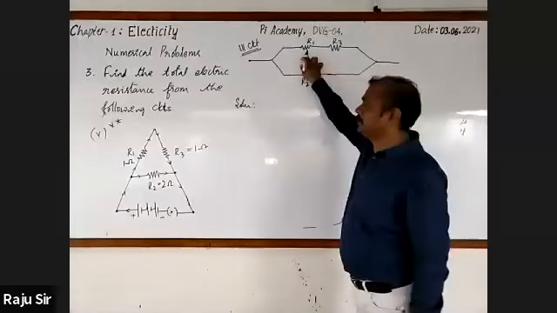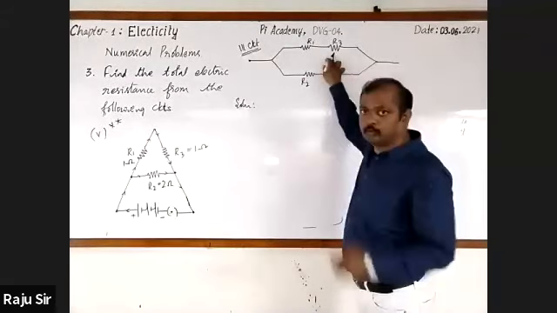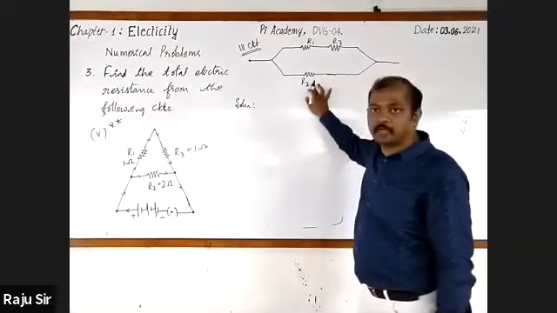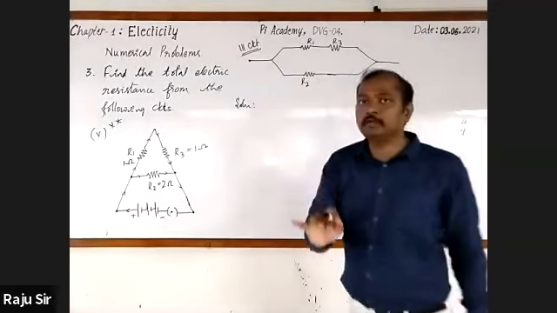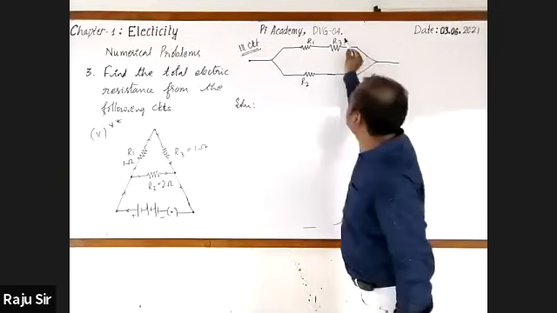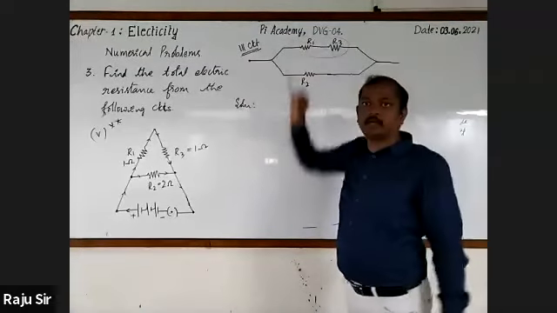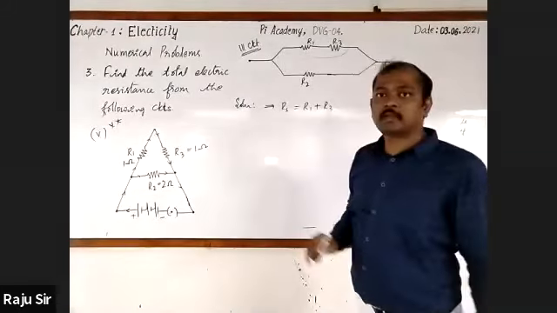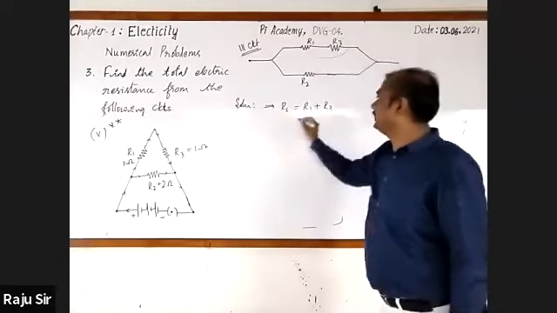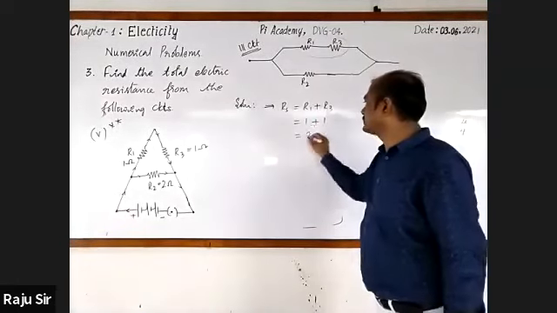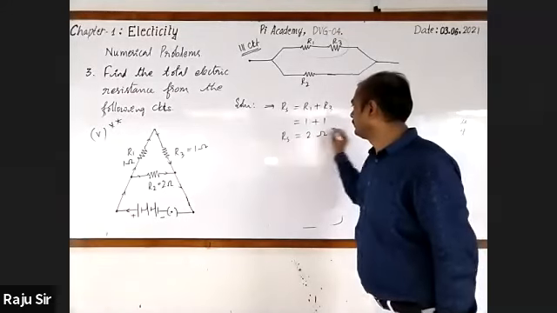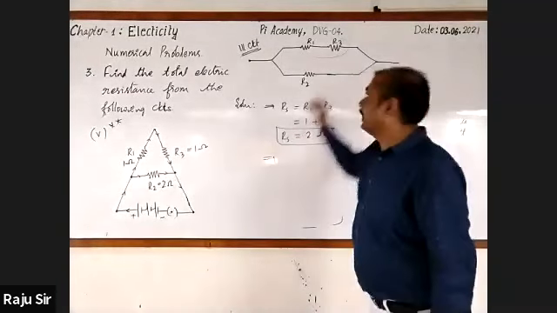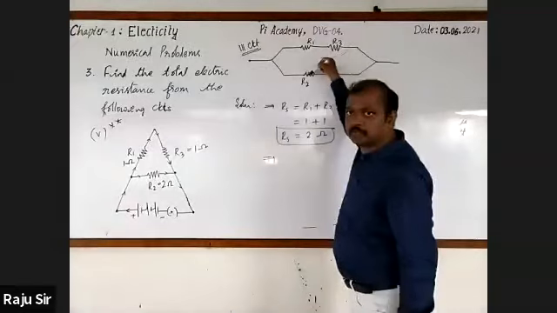See, R1 and R3 both are 1 ohm each, and this is parallel to R2. So here, first you have to find out the effective resistance of R1 and R3. Correct. RS equal to R1 plus R3. This is 1 ohm plus 1 ohm. This is 2 ohm. Next, this combination is parallel with R2.